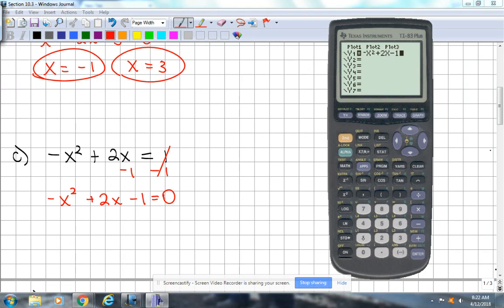Yeah, you should have an upside down U-shaped parabola. All right, so after you get that, hit graph. And you should see an upside down U-shaped parabola.